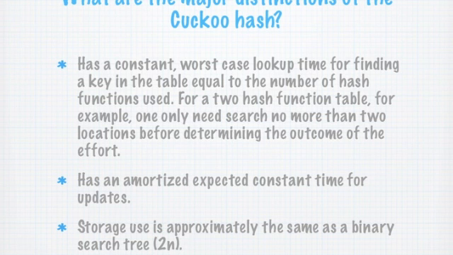If it's not, you do another hash with the second hash function and see if it's at that second location. If it's not there, you know for sure, because of the way Cuckoo hash tables are designed, it's just not in the table. This predictable time is necessary for some applications.